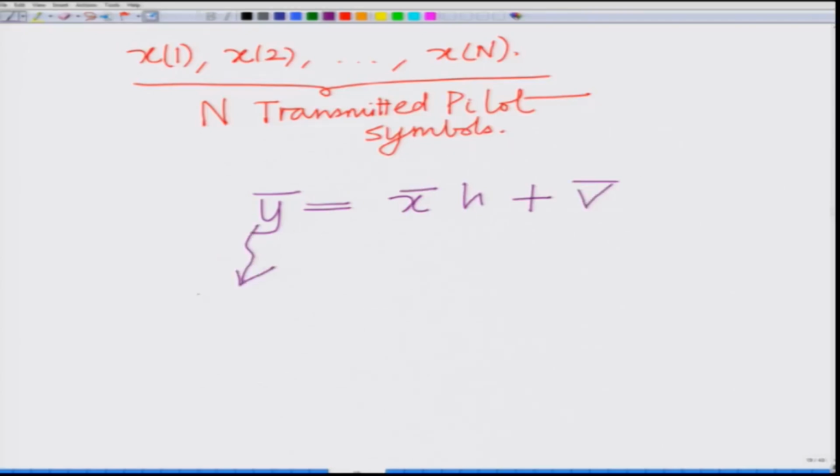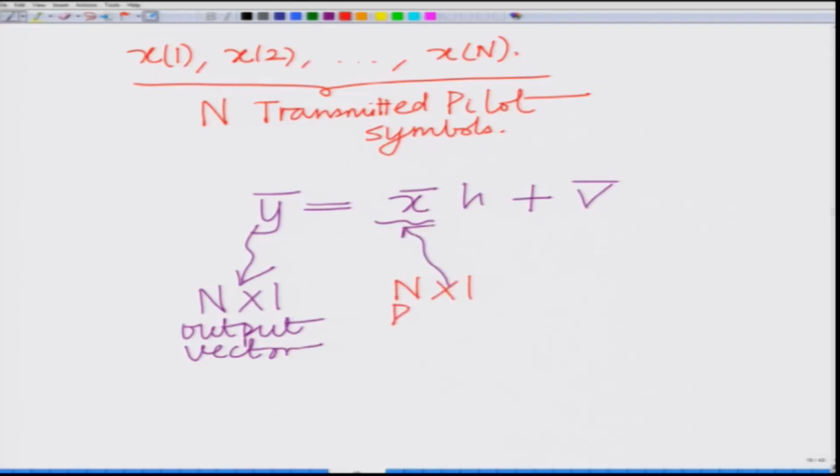So, this y bar is the n cross 1 output vector, x bar is the n cross 1 pilot vector, h is of course the channel coefficient, and v bar is the n cross 1 noise vector.